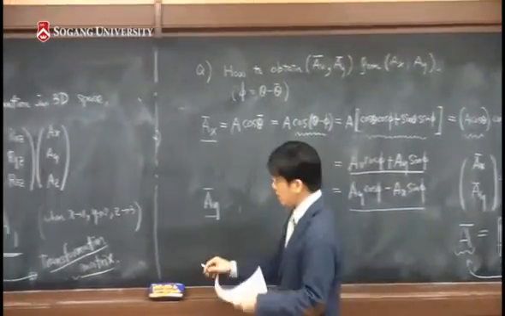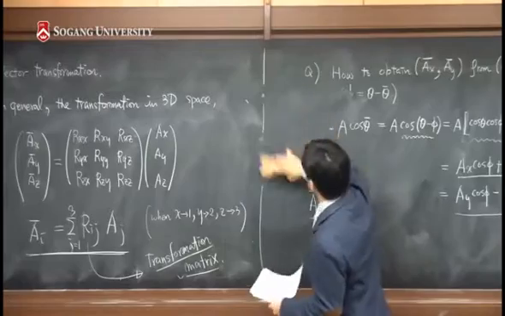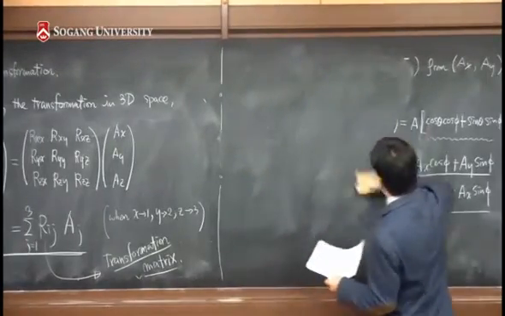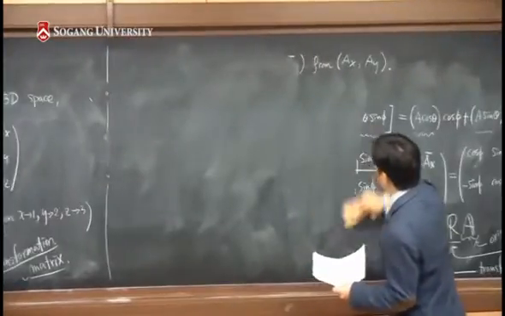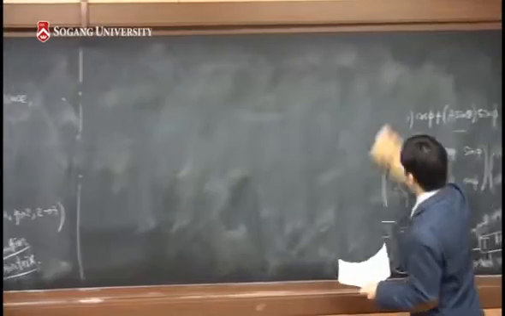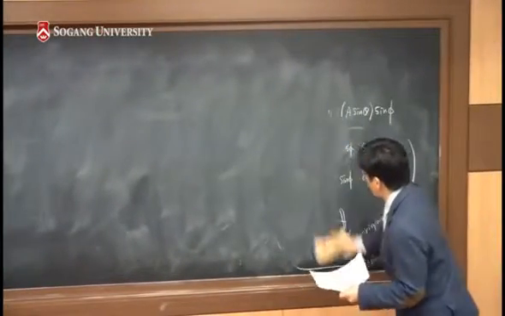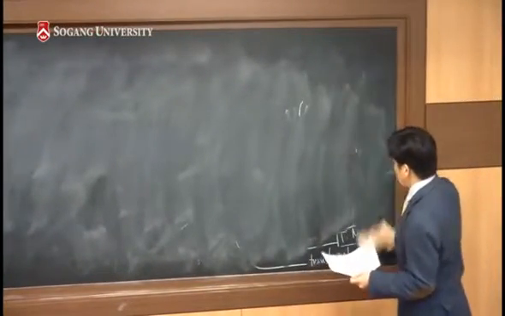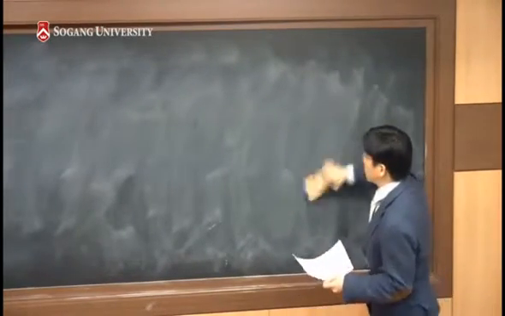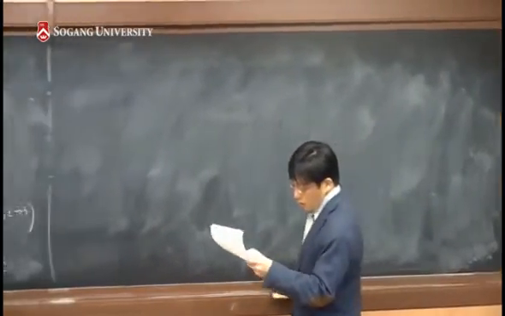Which is a clear concept. So vector transformation is about transforming one vector to the other using a given transformation rule, which is well summarized in the transformation matrix. Okay? That's what we have.